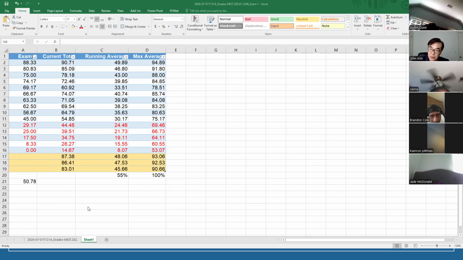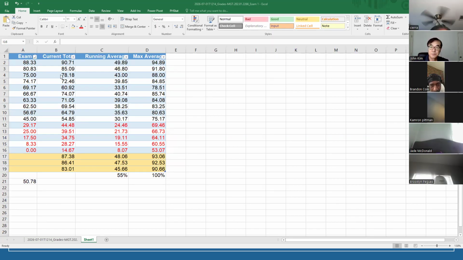Then you can see current total on Canvas. That is about we complete about 55% of the course requirement work. So if it is converted out of 55, then this is the running average.